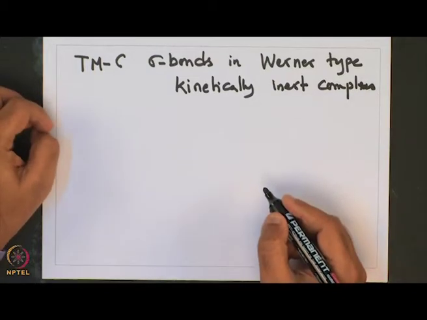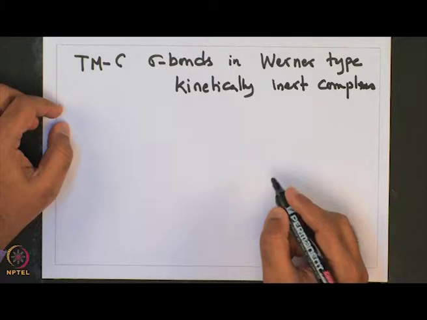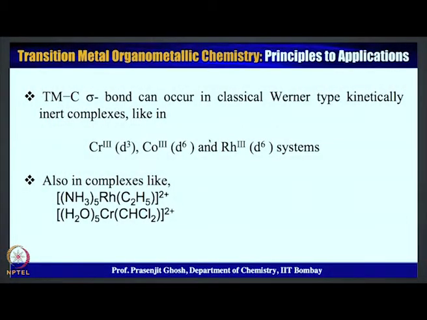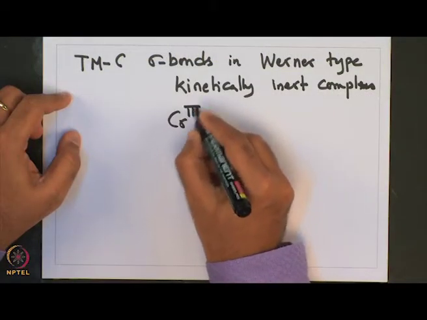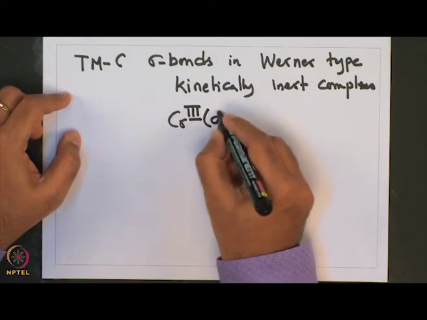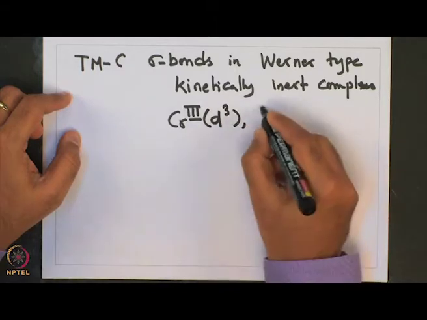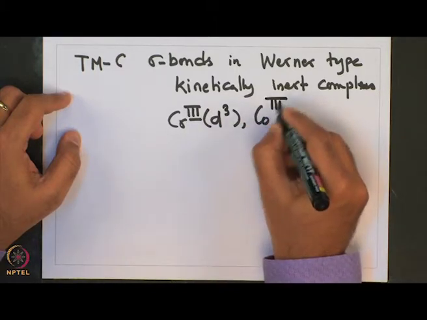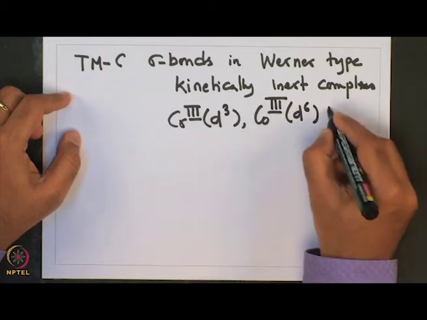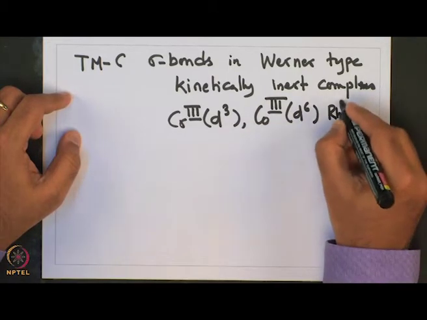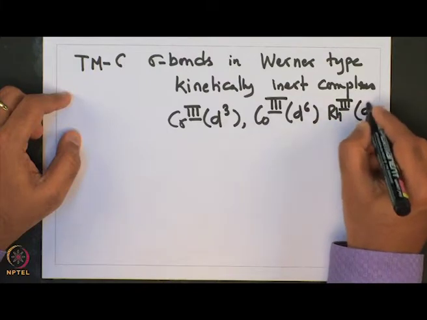So, these being kinetically inert, as they are both kinetically as well as coordinatively saturated. For example, these are mainly seen for chromium 3 d3 systems, cobalt 3 d6 systems, rhodium 3 d6 systems.